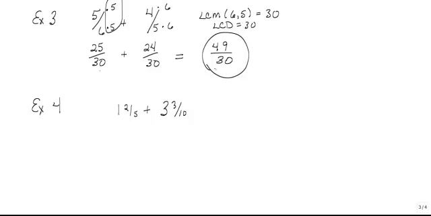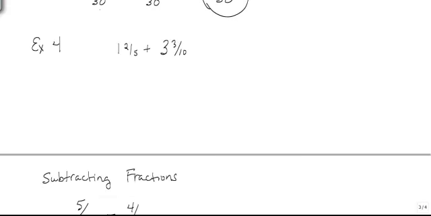With example 4, we have two mixed numbers. So first I'm going to change these to improper fractions and then get a common denominator. So 5 times 1 would be 5 plus 2, 7/5, plus 3 times 10 would be 30, plus 3 would be 33/10. My least common denominator here is going to be 10.